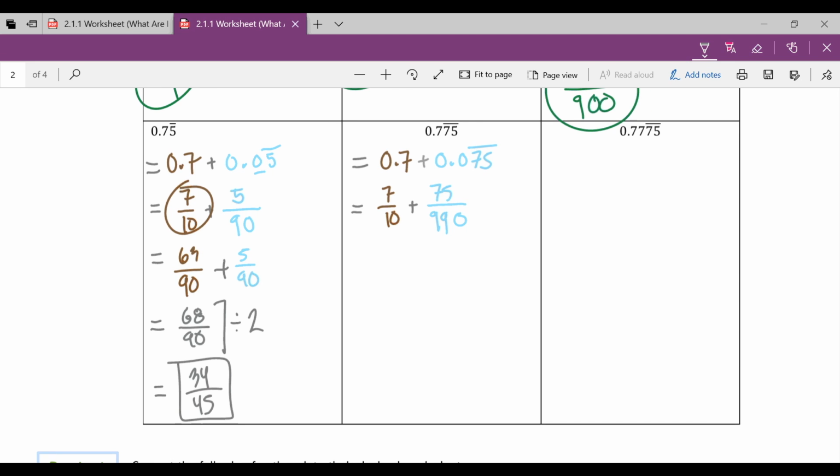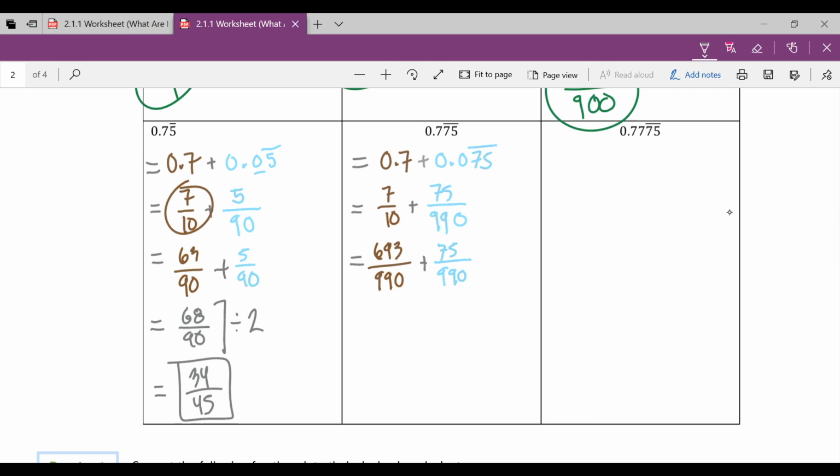So the next step now will be to raise 7 over 10 into its equivalent fraction out of 990. And to do that, we're going to have to multiply 7 by 99. So if we multiply 7 by 100, you're going to get 700, of course. So 700 minus 7 is 7 times 99, or 693. And then we have now a denominator of 990 plus 75 over 990, no change there.